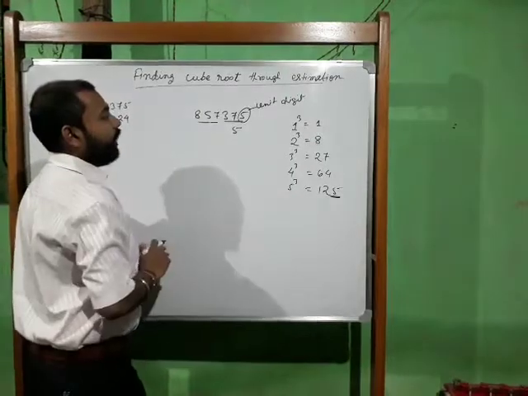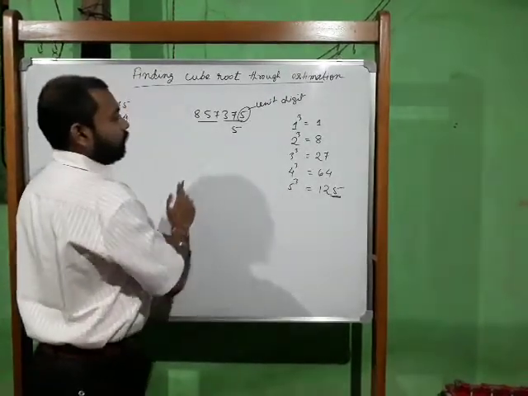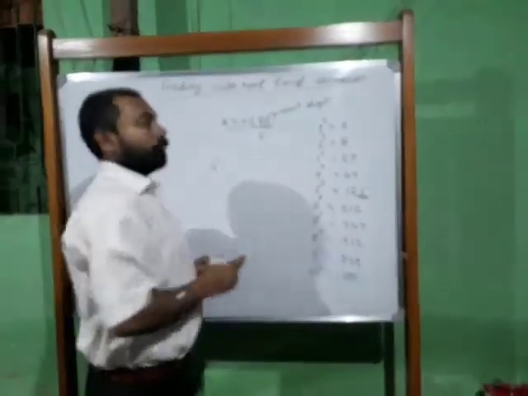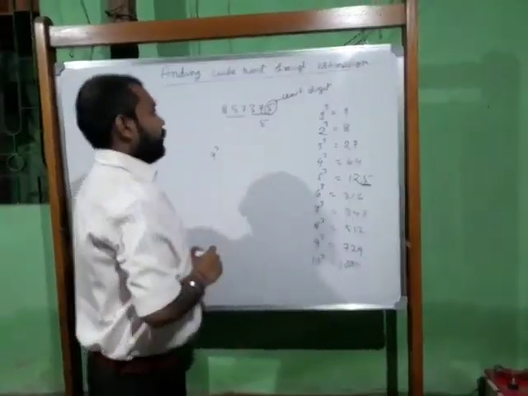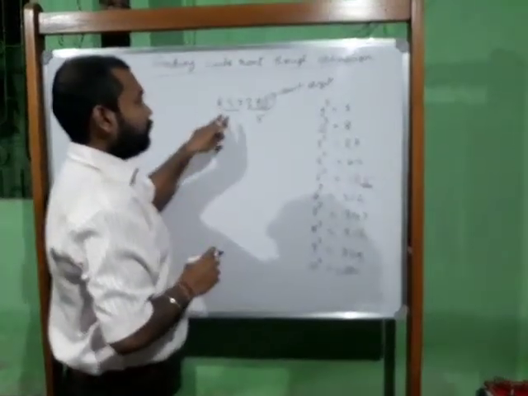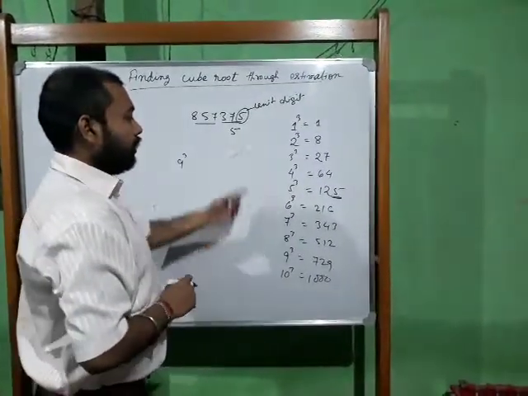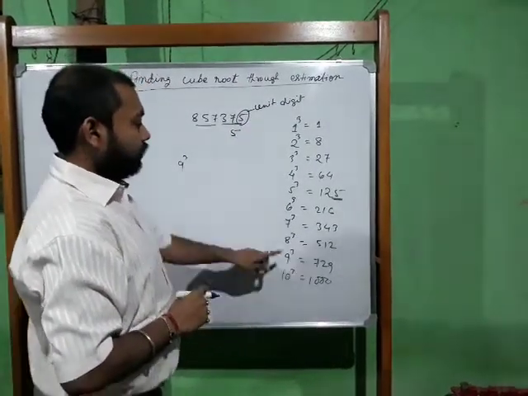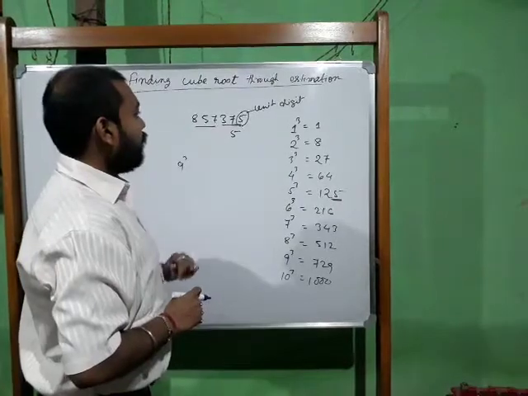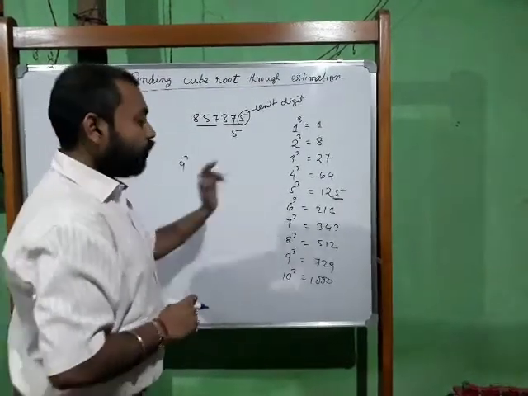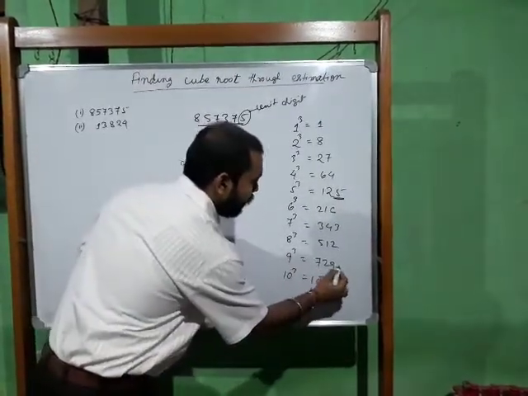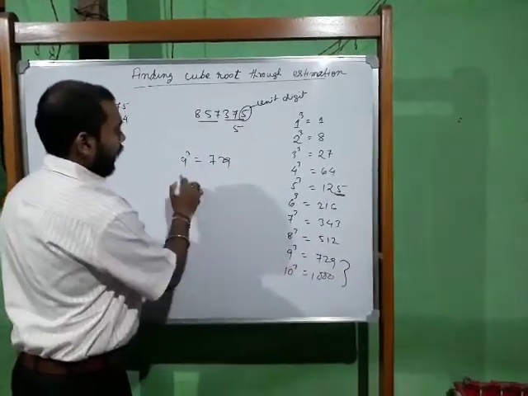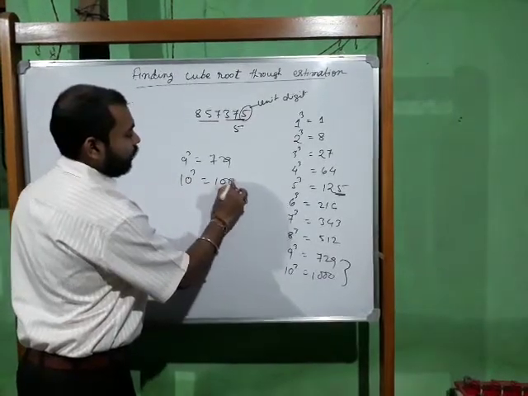Now 857. Here the method is a little bit different. You see, 857 comes between which two cubes? 9 cube is 729 and 10 cube is 1000.